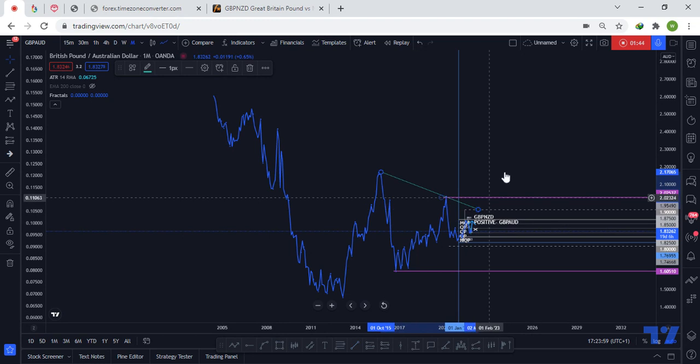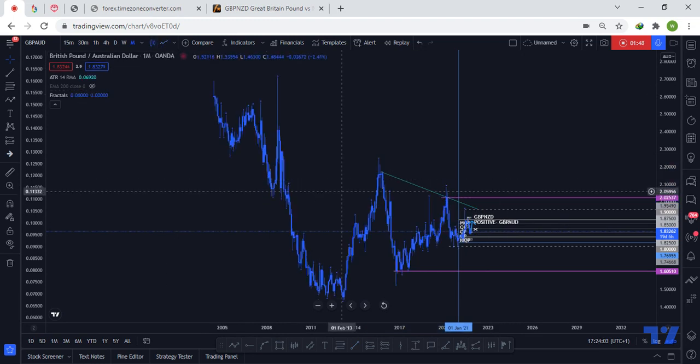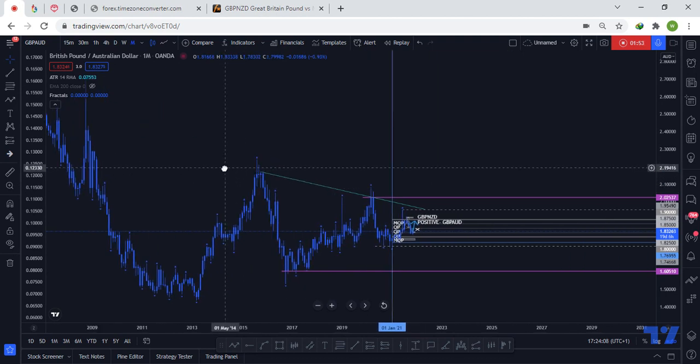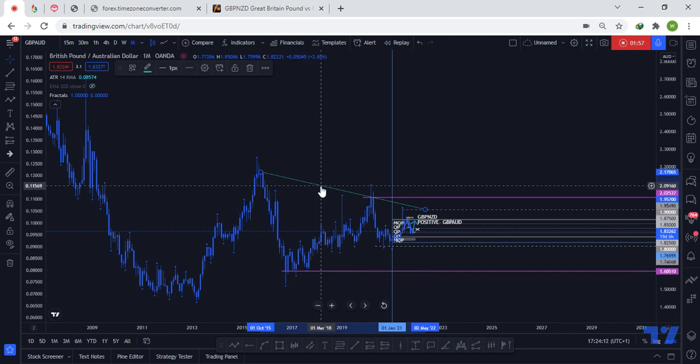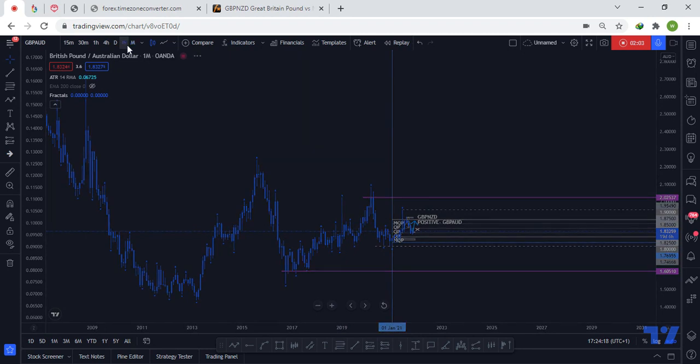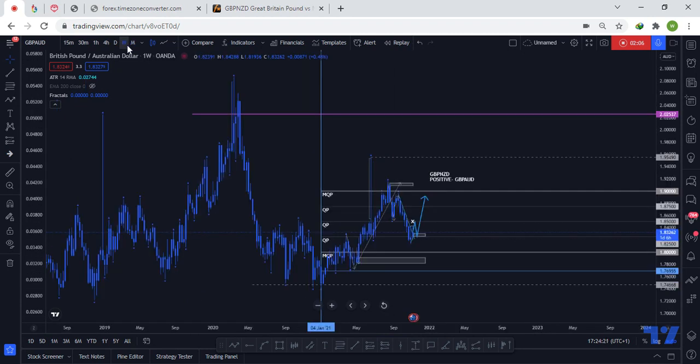Here you go. Obviously, it's trending down as you can see. We've not tested the trend line, and I believe we could still go and test this trend line. Depends, because it doesn't have to touch the trend line.